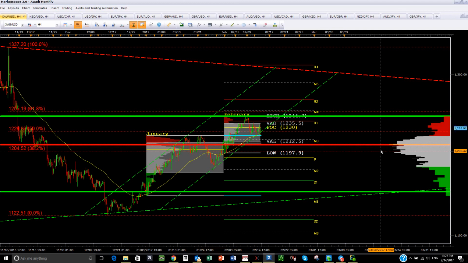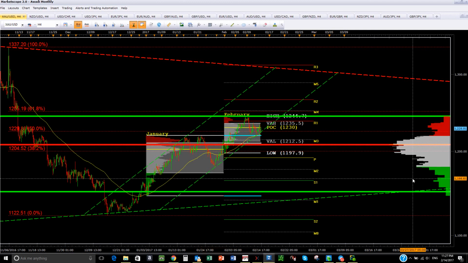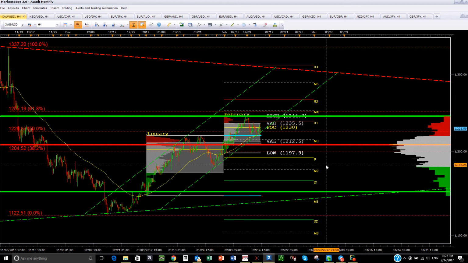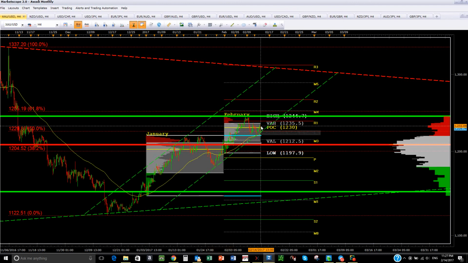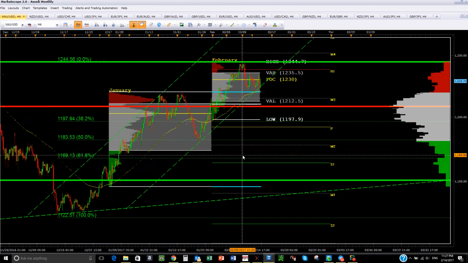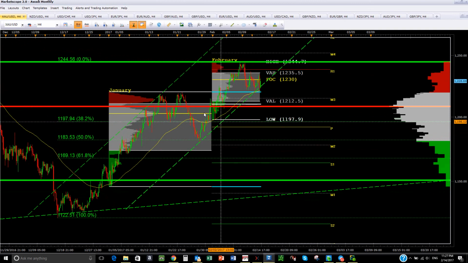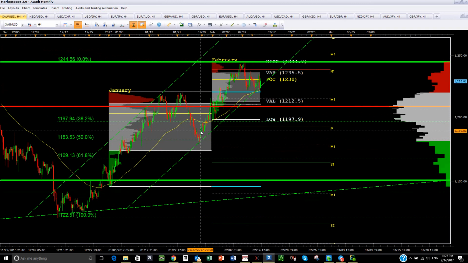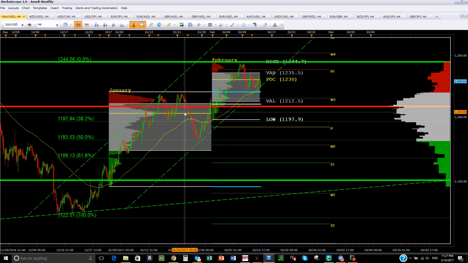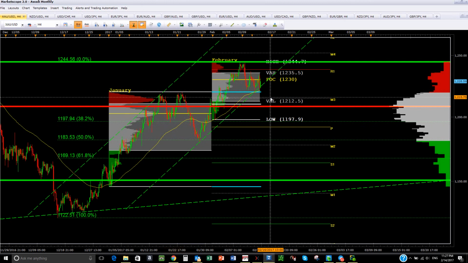So this is the yearly volume profile for the whole of 2017, and it's still building month by month. And for the monthly volume profile, I like to see the current month and the previous month profile to see the relationship between the value areas. As you can see here, this value area is higher than January's value area, so that means the price is still in a bullish trend.